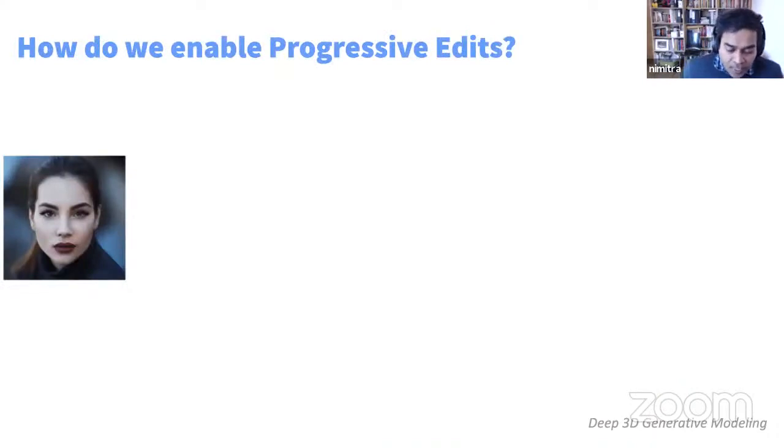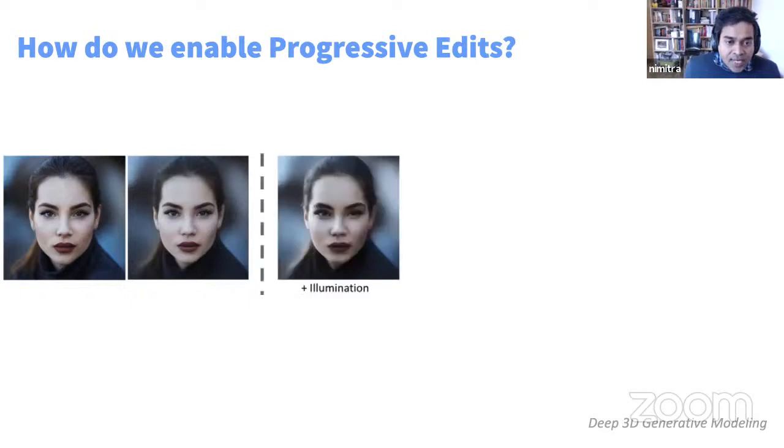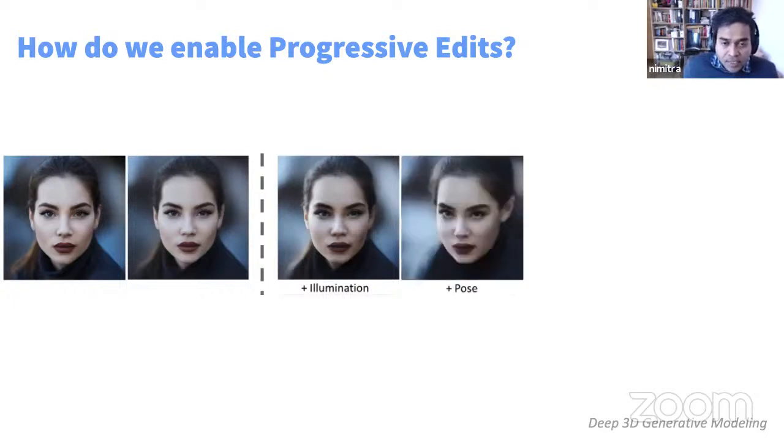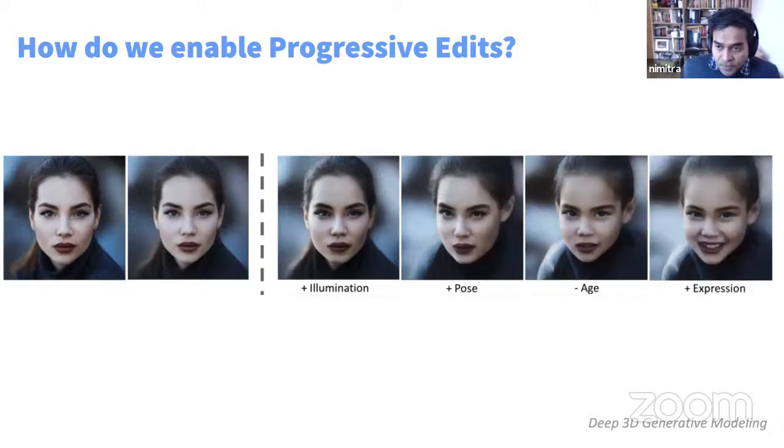And what we want to enable is we start with the real image, we project it to StyleGAN space, and then we would like to progressively edit it. We change the illumination, so move the light from the left, looking at this girl, change the pose of the girl, change the age of the person, or change the expression.